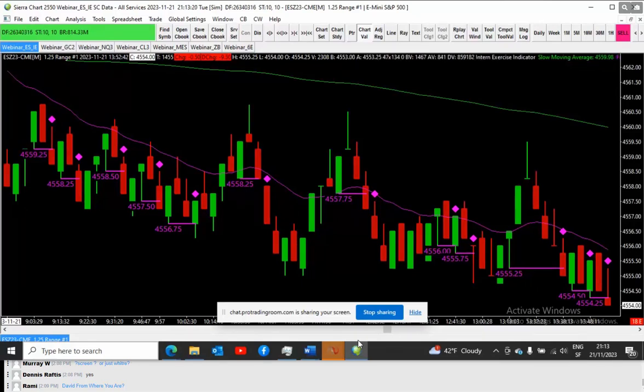You may be tempted to jump in as soon as you see a signal appear, but it's very important to try and get some confluence, getting several indicators that all confirm the price direction, so that you can enter the trade with a high degree of confidence that it's going to work.